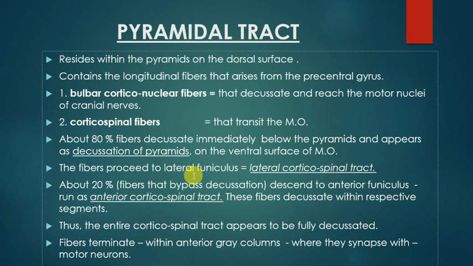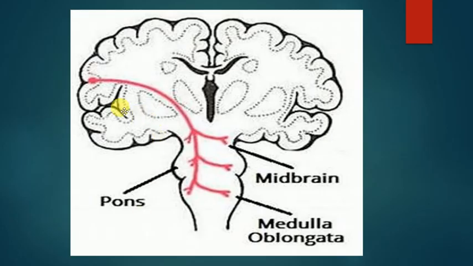These fibers decussate within respective segments. Thus, the entire corticospinal tract appears to be fully decussated. Fibers terminate within anterior gray columns where they synapse with motor neurons. Here we can see from the cortex to medulla oblongata.